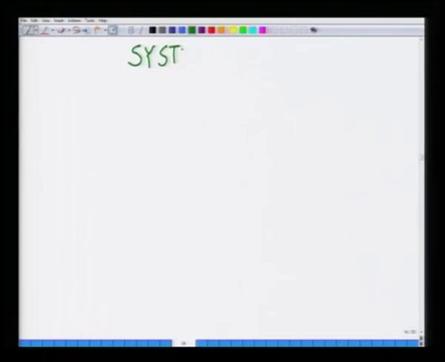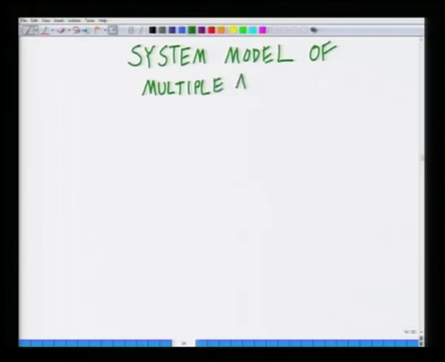So, let us start with the system model of this multiple antenna system. I want to start with the system model for this multiple antenna system.